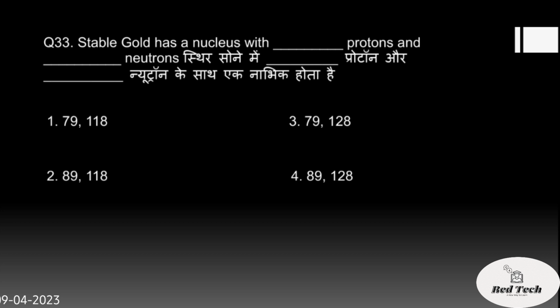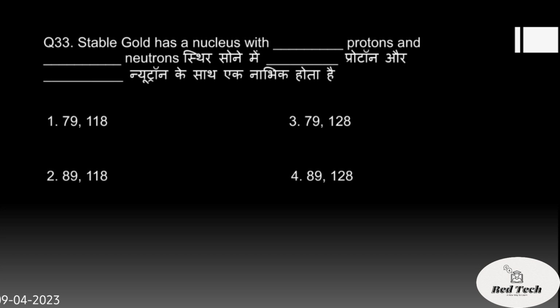Question number 33. Stable gold has a nucleus with how many protons and how many neutrons? Option number 1 is 79 and 118. Option 2 is 89 and 118. Option 3 is 79 and 128. Option number 4, 89 and 128.